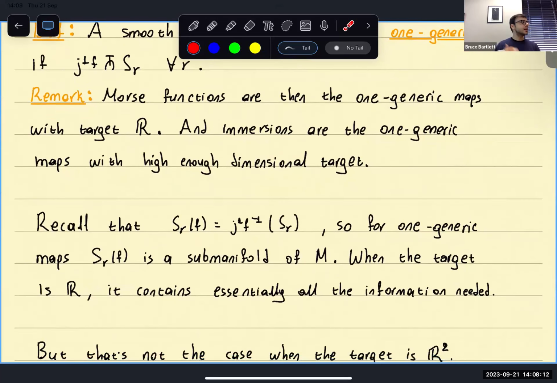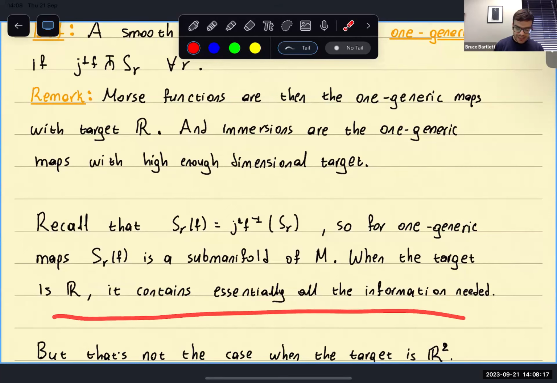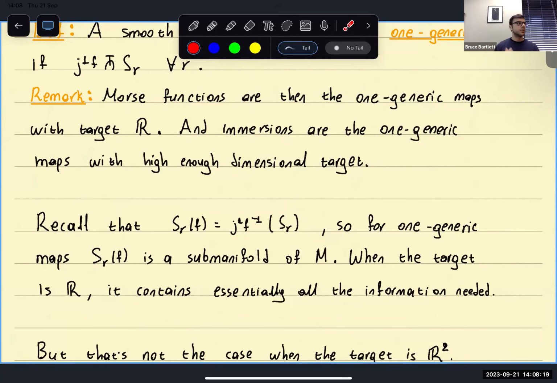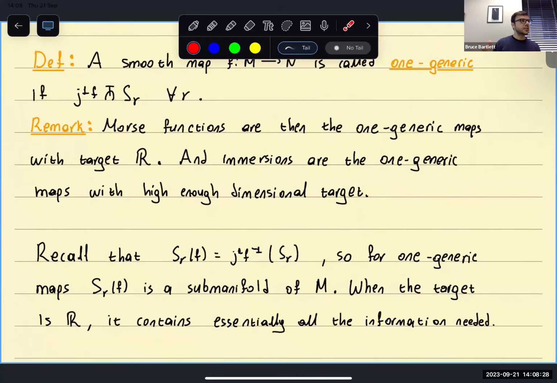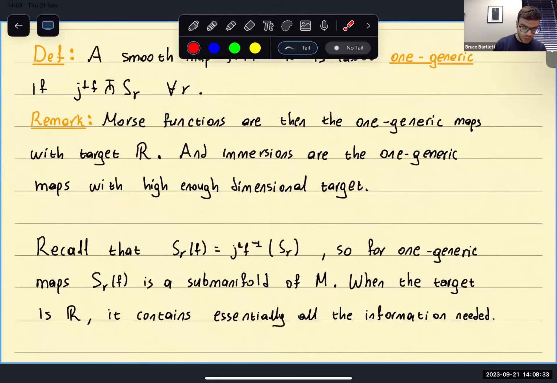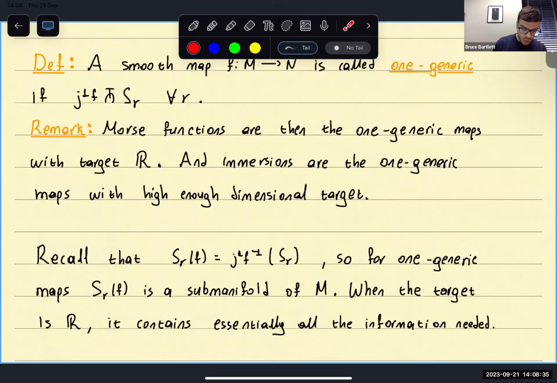And also, when the target is one-dimensional Euclidean space, this basically contains all the information that we may need. It almost completely characterizes the kinds of singularities that we have. We know that all singularities of f, or critical points of f, will be in S_1(f). This doesn't require any transversality to see.